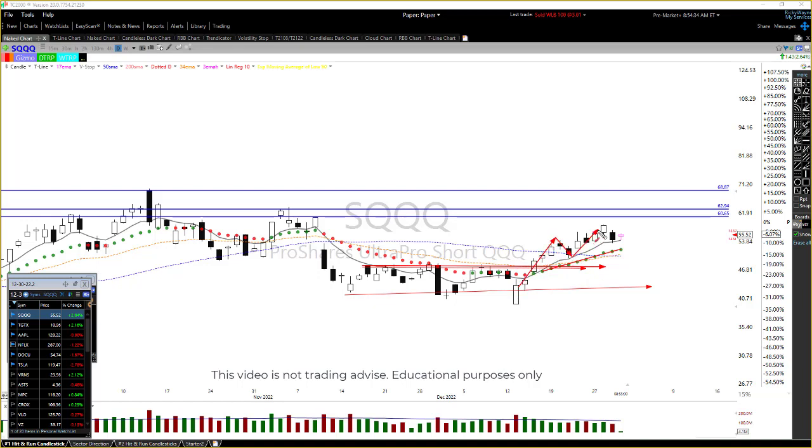Here's your pullback, rallied up, and we have pulled back. Bulls might be trying to come into it, and that's what we're looking for, is this trend to continue. Watch for these targets up into here. You're going to see another pullback and then continue up. All this is dependent on the market continuing to the downside.